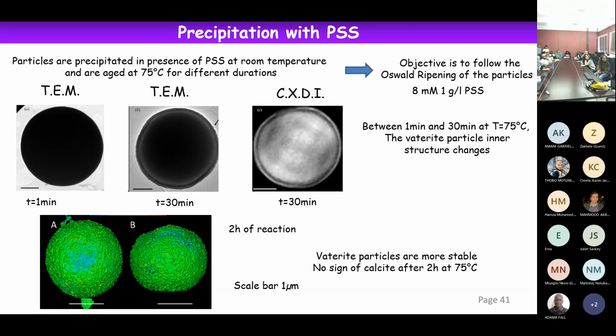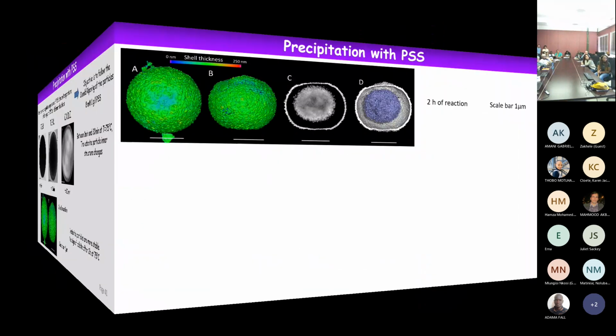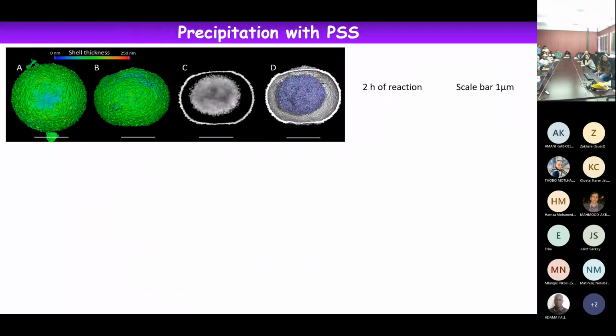So you continue your analysis and you find out what's going on inside the particles. And so this is after 2 hours of reaction that the particle from the top, from the side, it cuts through the particle. So you see that now you have a core and a shell, and in between nothing.